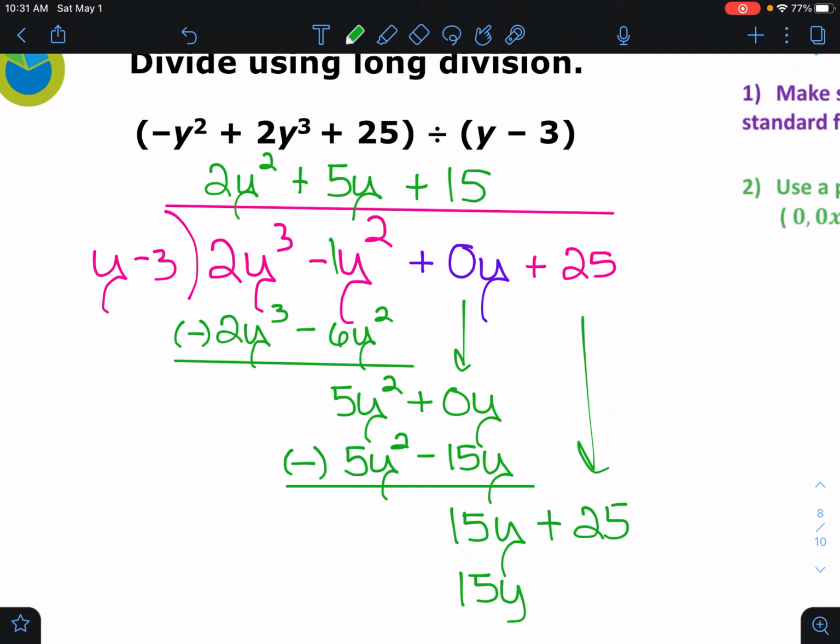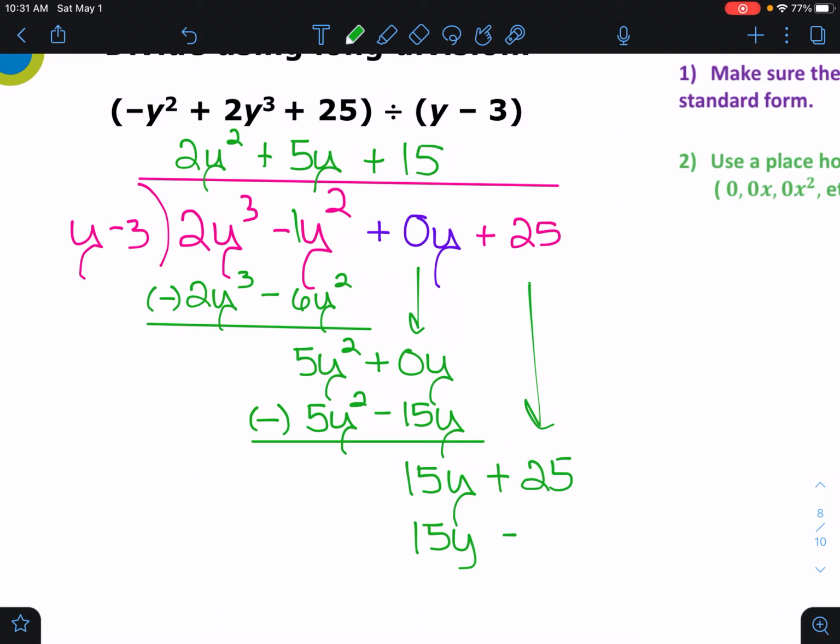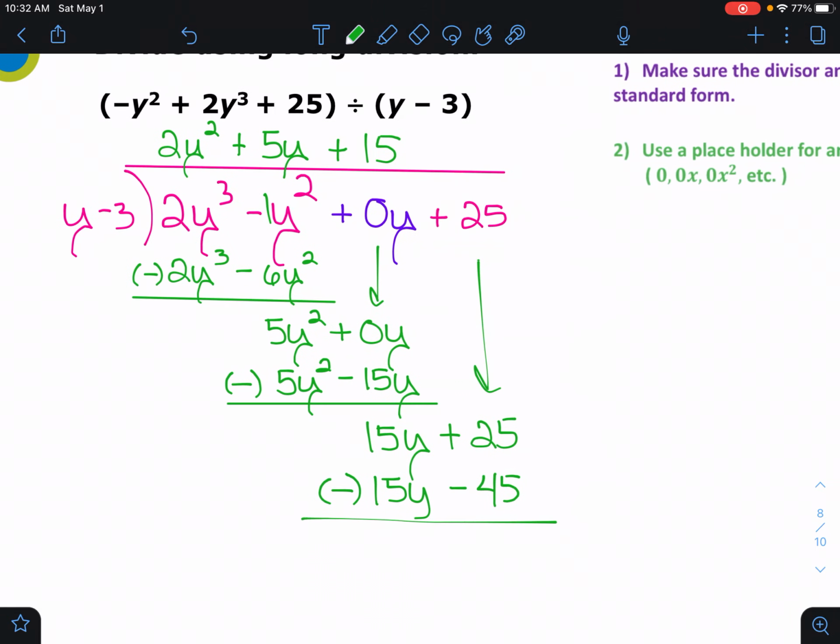And then we're doing 15 times negative 3, which would be negative 45. Okay, don't forget you are subtracting. So once again, you're going 25 minus negative 45. If you're not good with that, that really means 25 plus 45, which is 70. It's kind of weird, so remember your integer rules, but don't forget to look here.